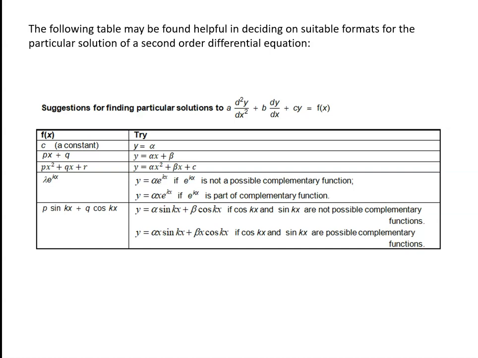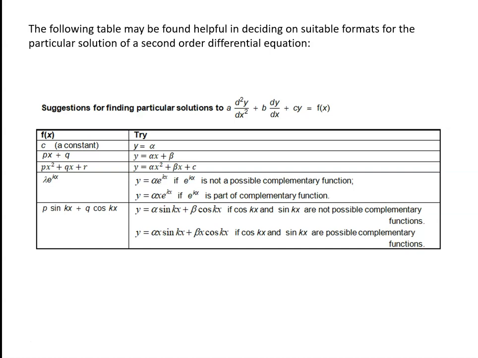And then the final one here, we've got p sine kx plus q cos kx. Well, we'll try alpha sine kx plus beta cos kx, provided cos kx and sine kx are not possible complementary solutions.